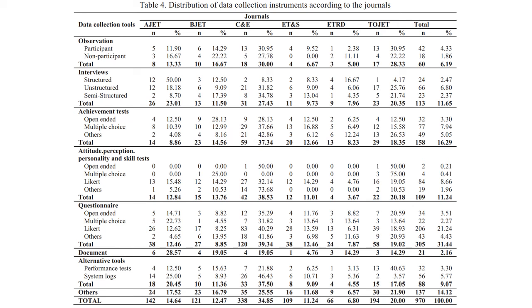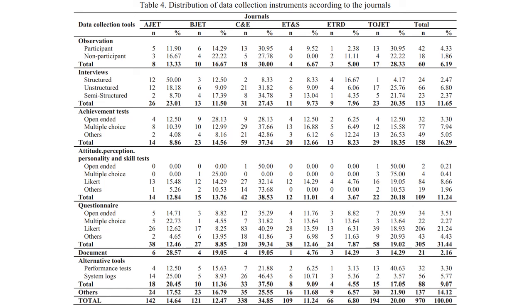So if we look here, there are a few journals, like AJET, Australian Journal of Educational Technology. They have also data from BJET, British Journal of Educational Technology, C&E, Computers and Education, ETS, Educational Technology and Society, and so on.